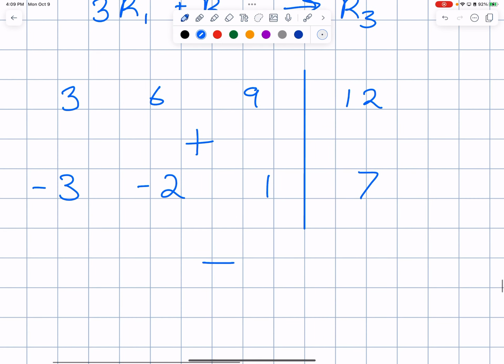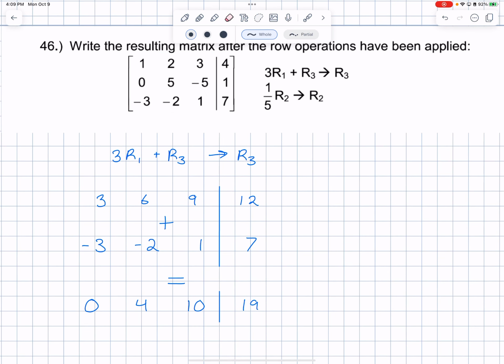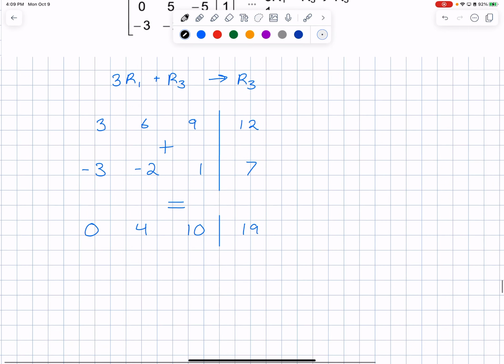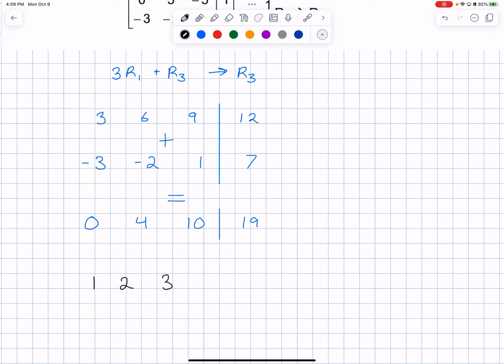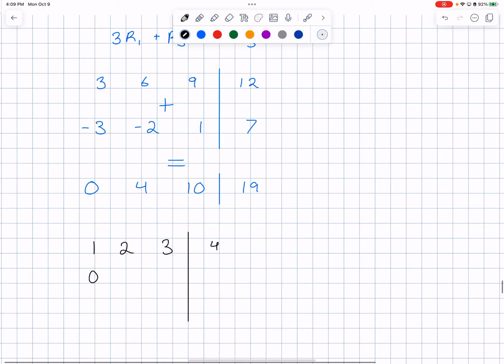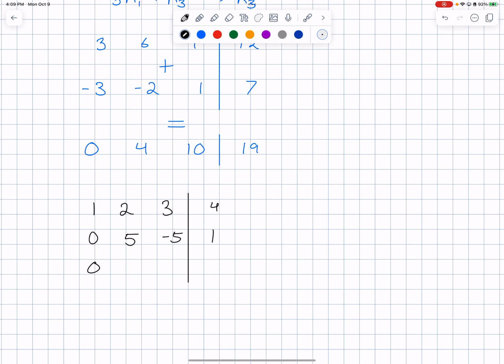We will get 0, 4, 10, line 19. And that's what we put in row 3. So we're going to copy the matrix. It'll be exactly the same: 1, 2, 3, line 4, 0, 5, negative 5, 1. But what we put in row 3 is the result from what we just did.